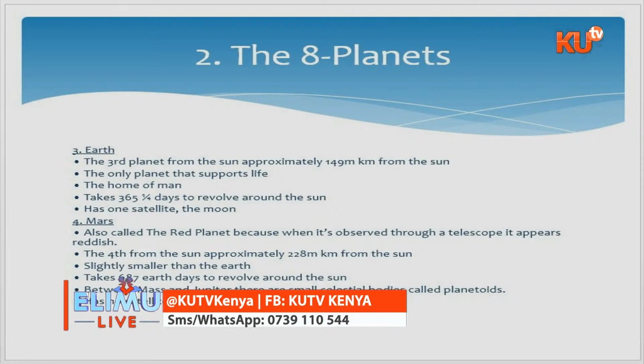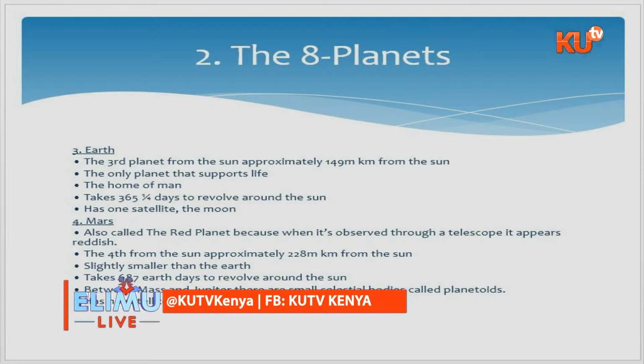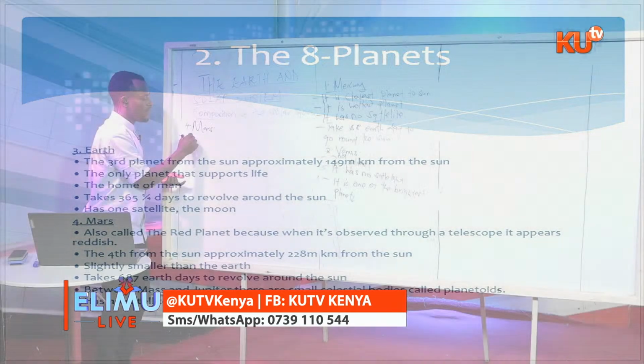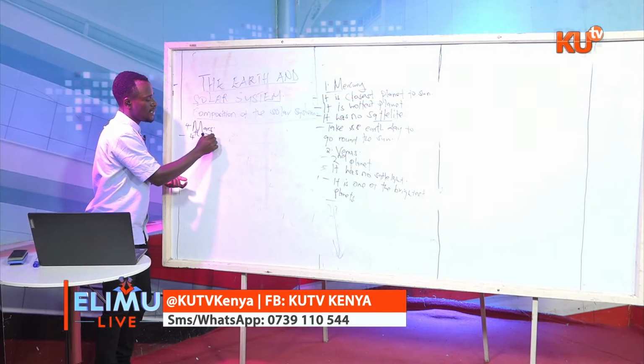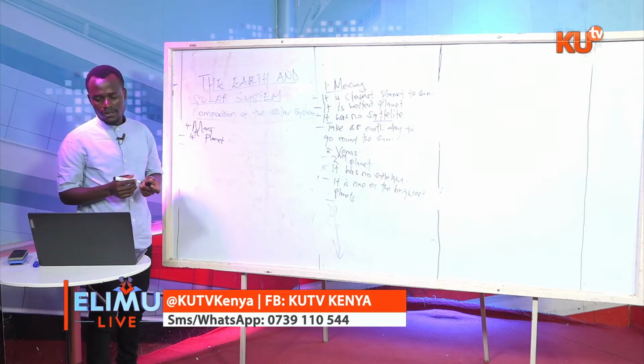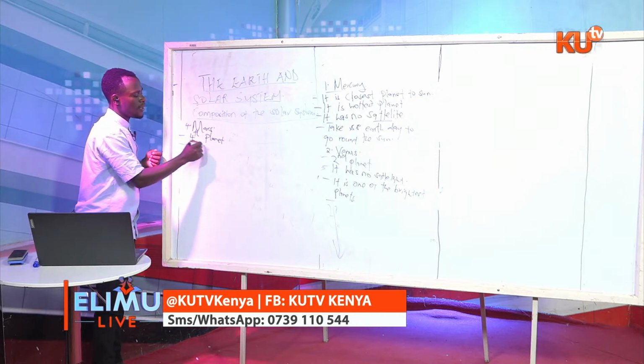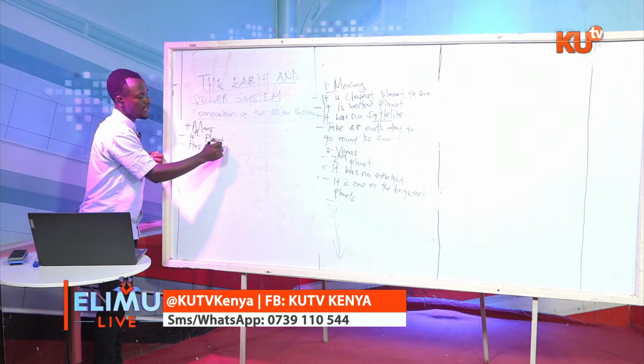Planet number 4 is definitely Mars. So let's look at the characteristics of Mars. It is the fourth planet. We can also say that it has no satellite.